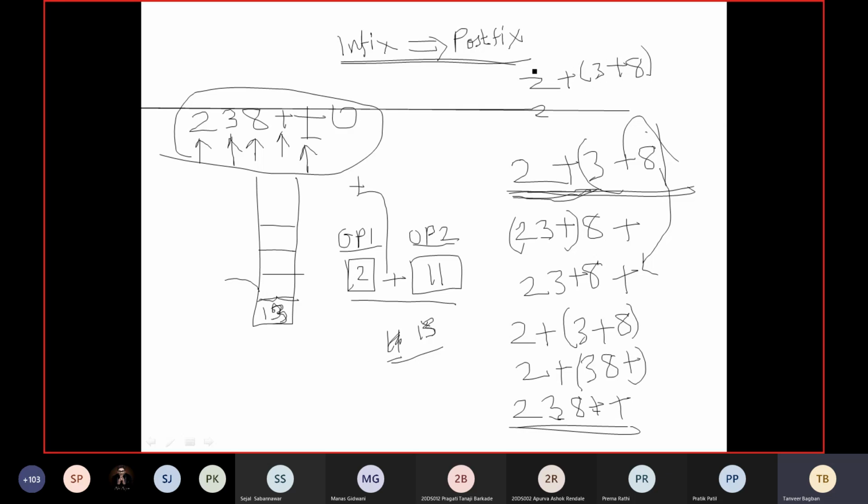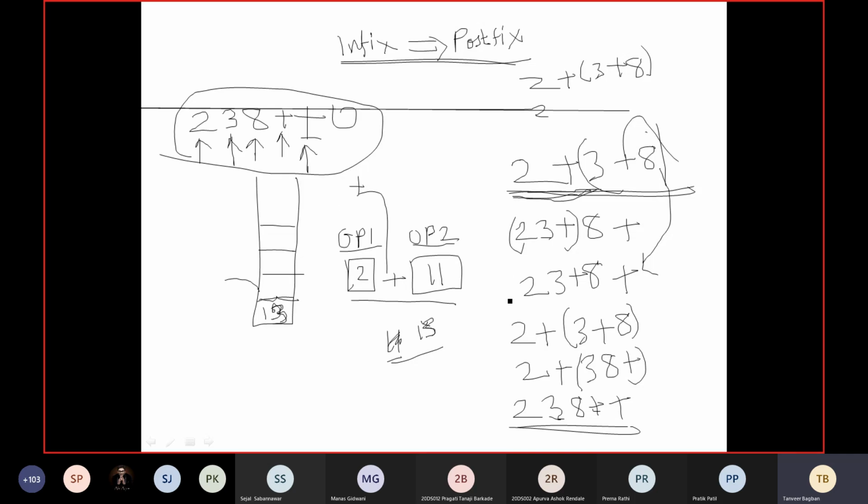So whether you evaluate 2 plus 3 first or 3 plus 8 first, you are going to get the same result. But if it is minus, in that situation, it is going to give a different result.